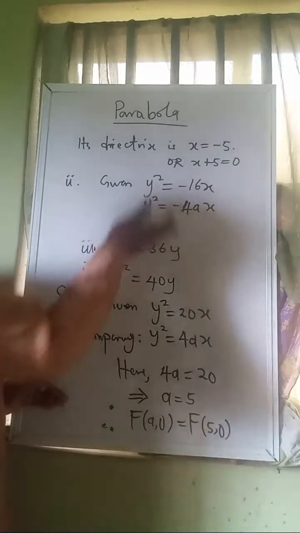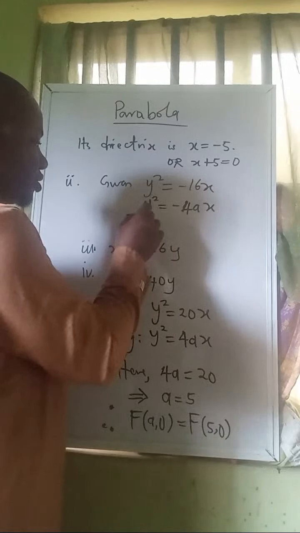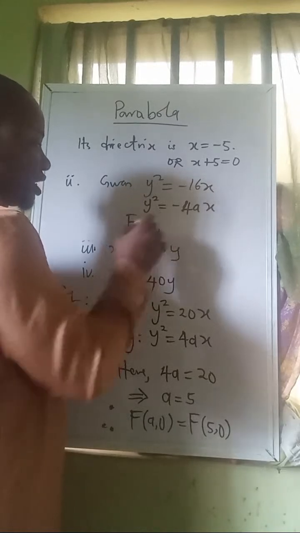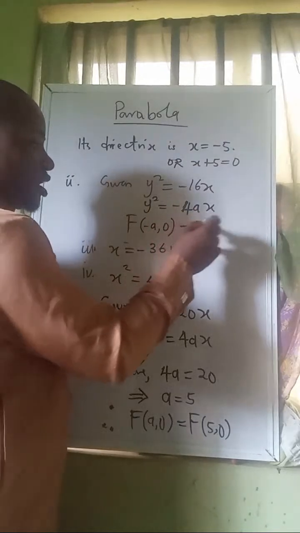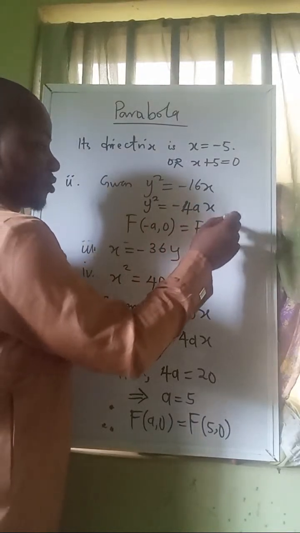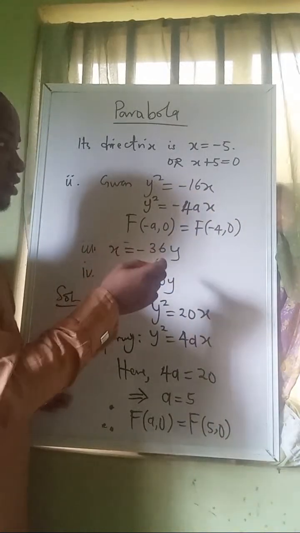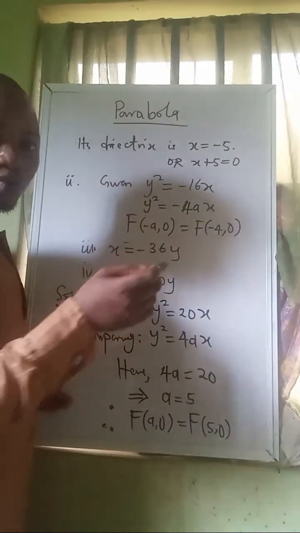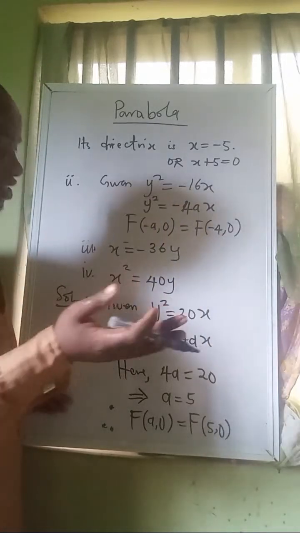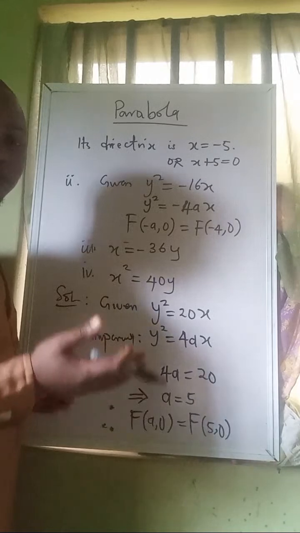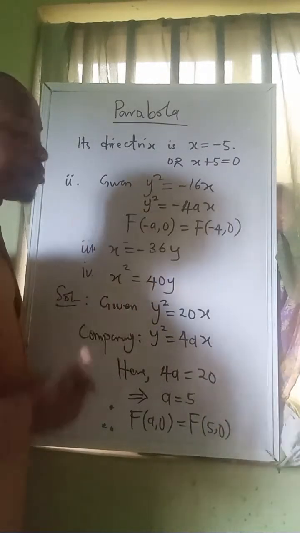By comparison, we have a focus of this form. Of course the focus is negative a comma 0, and this will be F of -4 comma 0. This will be the focus, and the directrix of this will be x equals 4. But this will be on the opposite side of the parabola, the symmetric part of the parabola.